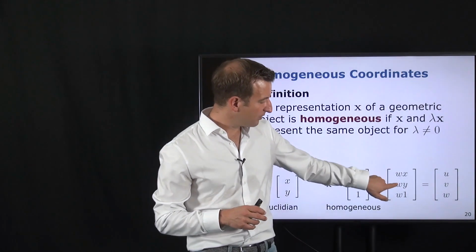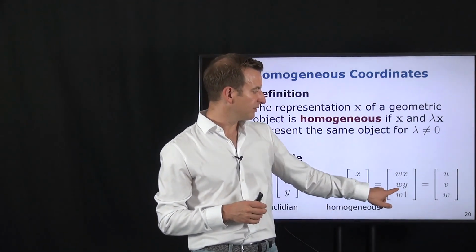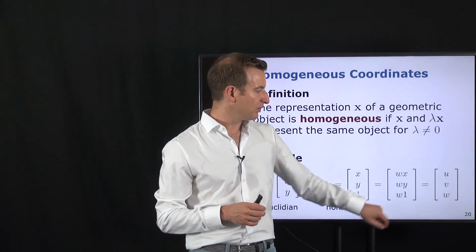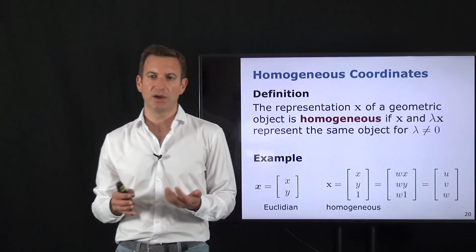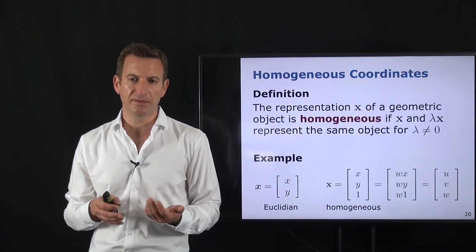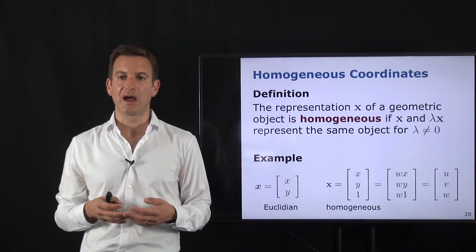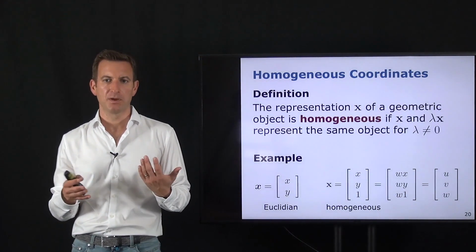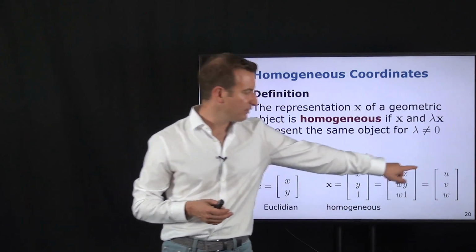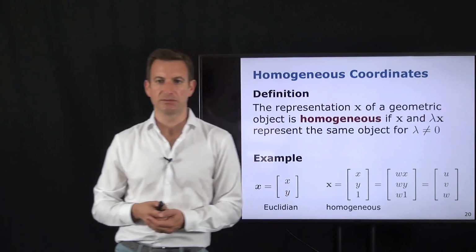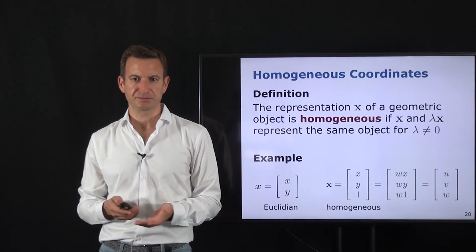That means all three coordinates need to be multiplied with w. So w times x, w times y, w times 1 is w. So it turns into a point u, v, w, where u equals w times x, and v equals w times y. Okay? And this is the same thing. So what we have written over here, x, y, 1, is the same as u, v, w. This comes from the homogeneous property.